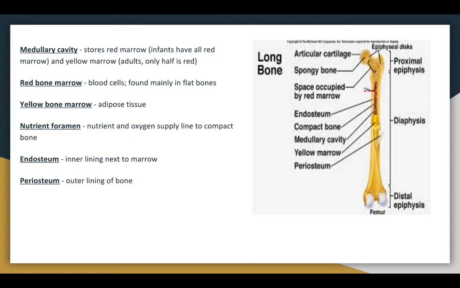The internal one was the endo type, and the outer the peri type, like we learned with the heart, the endocardium and the pericardium. Here, since we're dealing with bones, we have the endosteum and the periosteum. Okay, the endosteum is found inside, lining that medullary cavity, and the periosteum is this outer lining of the bone itself.